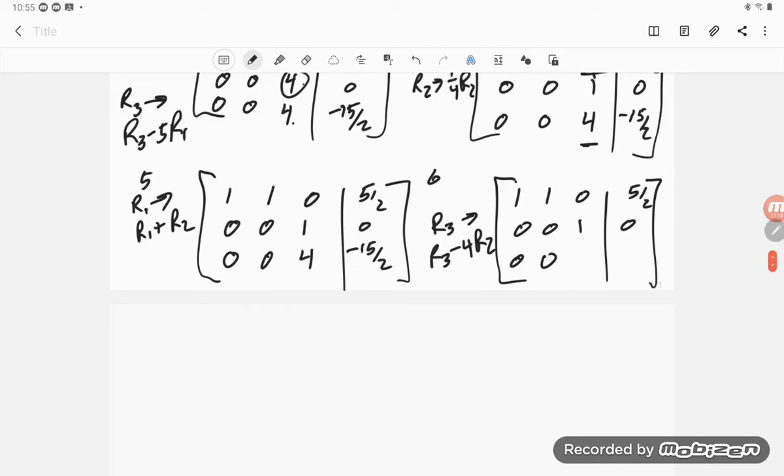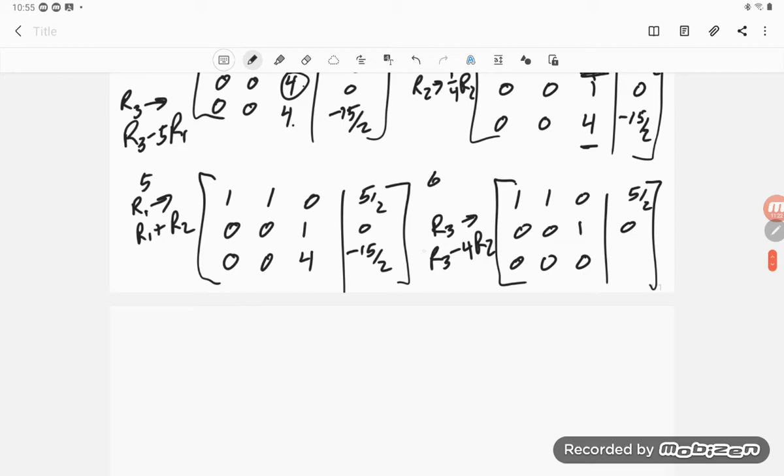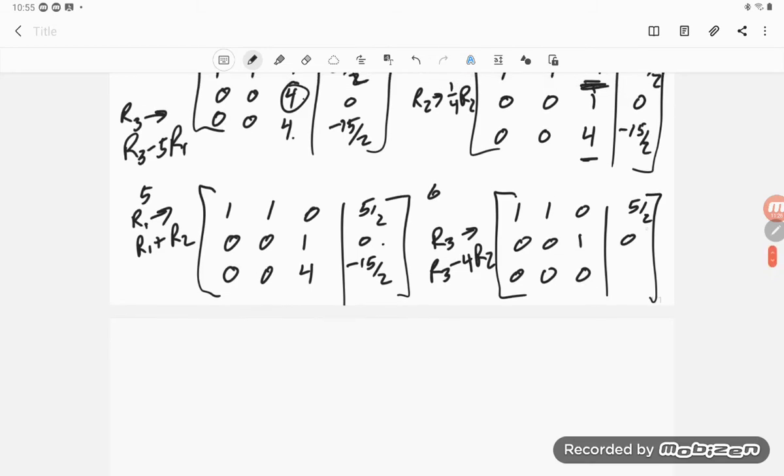So when I do that, R3 minus 4 times this thing, I'll get a 0 here, but since it's a 0 in the last column of the second row, we still just get minus 15 halves here.